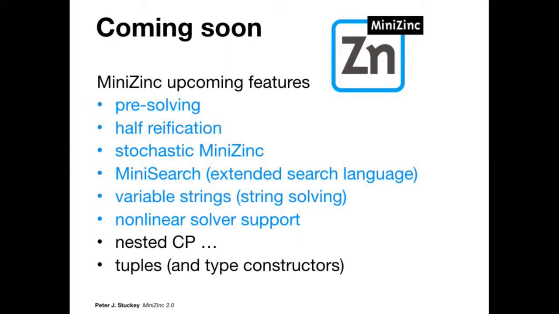Half reification is about a better way of handling complex Boolean expressions that can make things, A, more expressive, and B, faster. We have a beta version of stochastic MiniZinc, so if you want to solve stochastic discrete optimization problems where you have some kind of two-phase or multi-phase availability of knowledge and have to look at multiple scenarios, then you can do that directly.